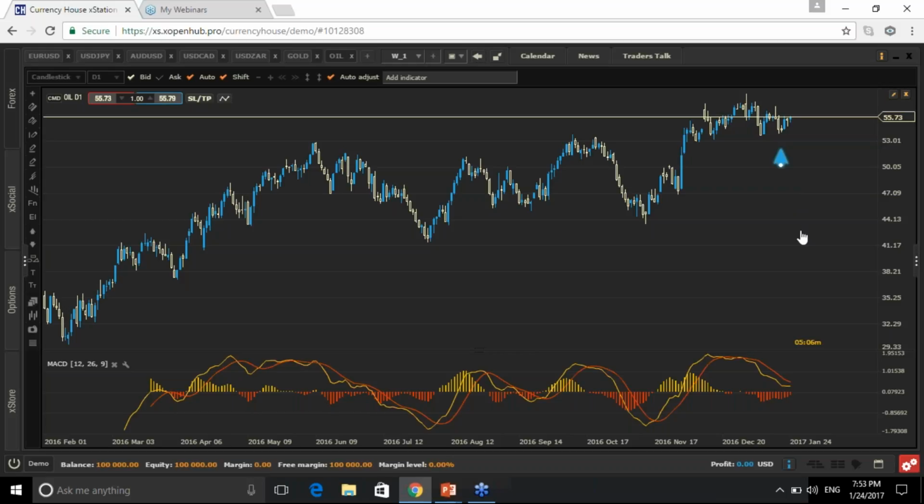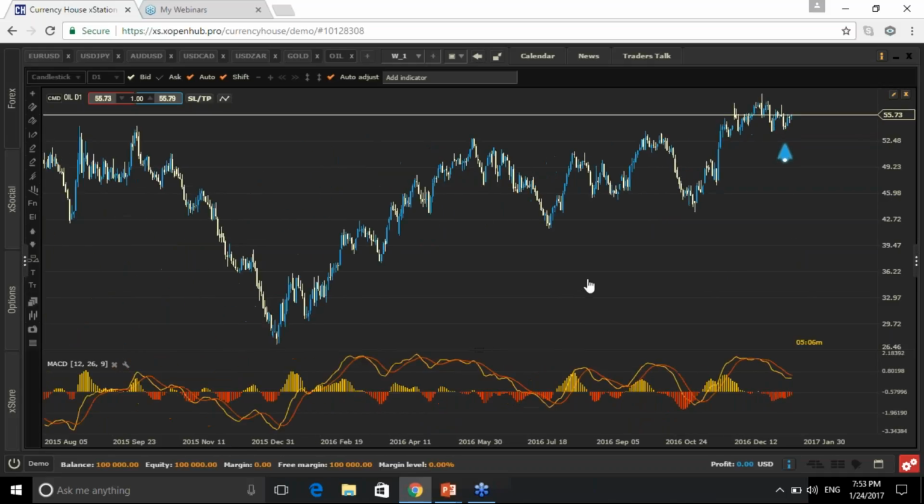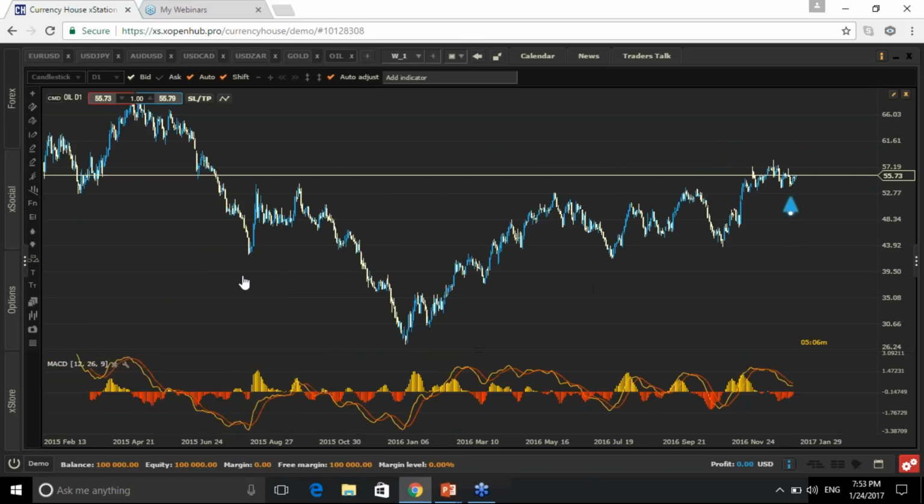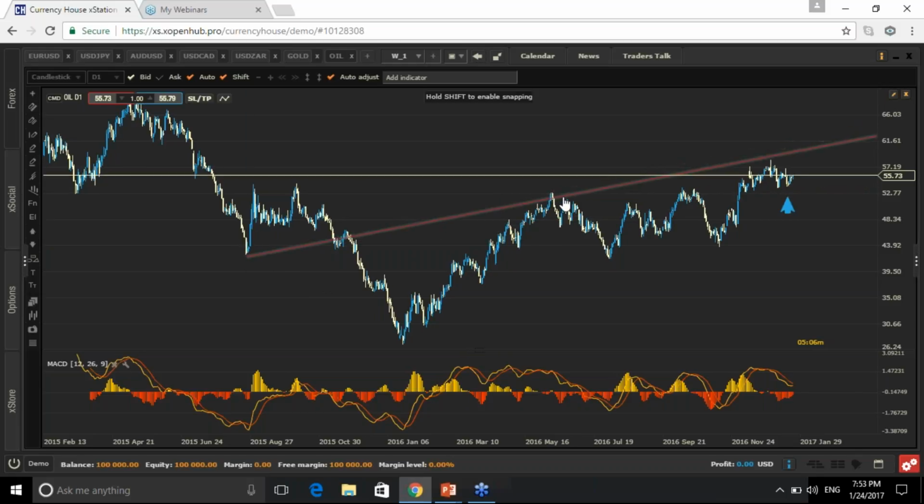It's not just oil, actually. There are lots of commodities I told you about, but definitely the price will try to test the resistance line on the daily chart. Let's try to figure out what the possible levels and targets are in case we buy this asset.